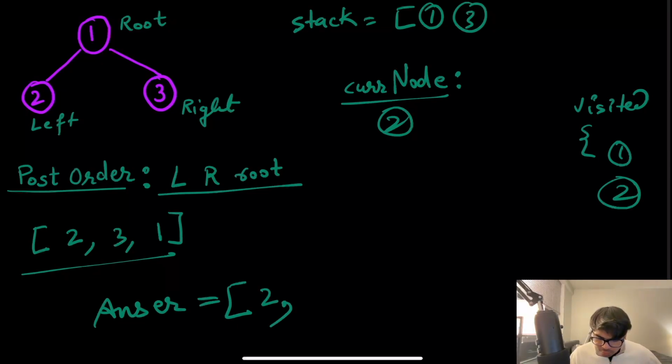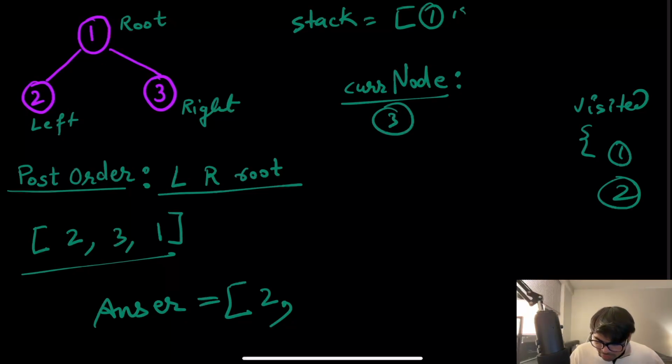So this is what we do. But this time, because it's already existing, that means we have already processed its left and right. So we simply get out of this and go back to processing our stack values. Now we will pop out 3. We haven't processed it, so let's process it.